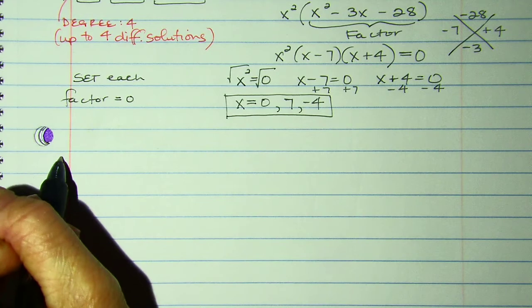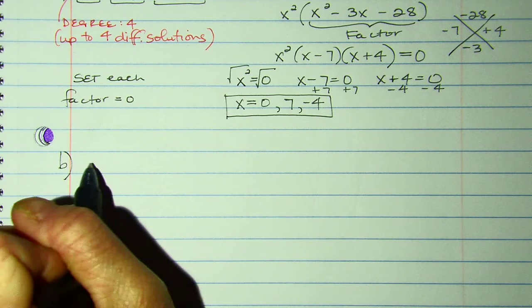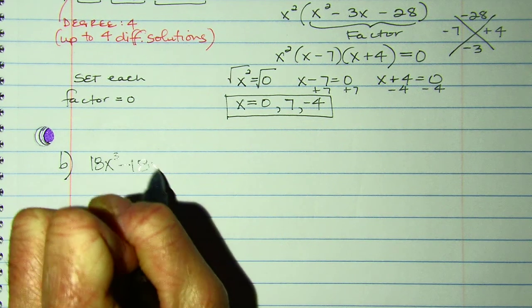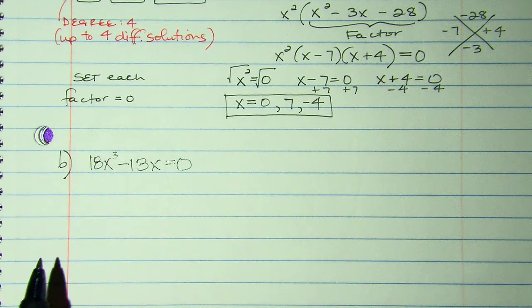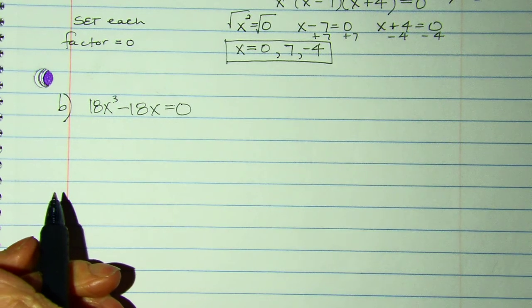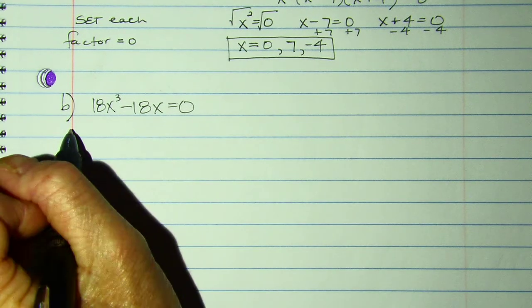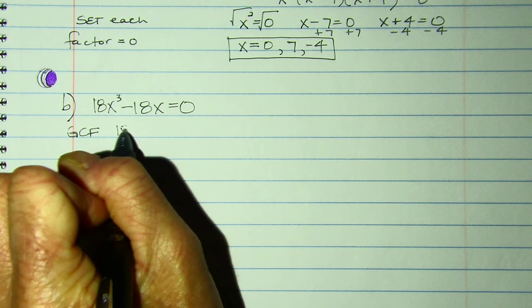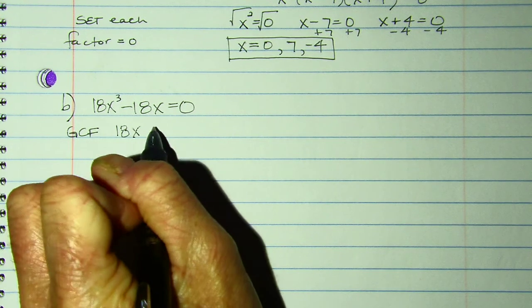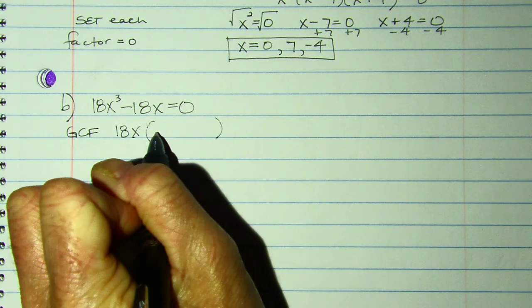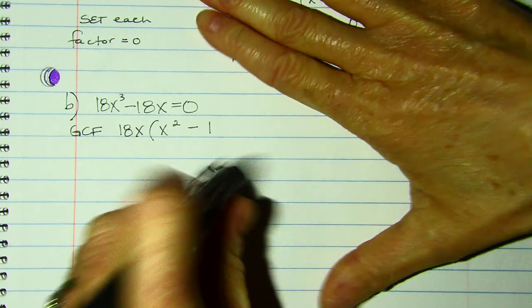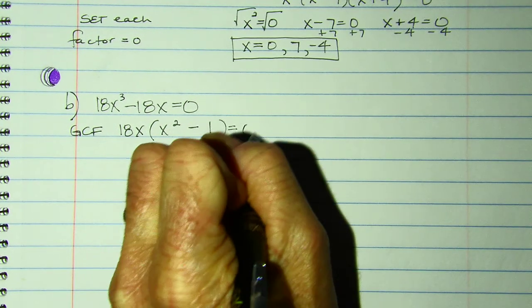For part B, it says to solve 18x cubed minus 18x equals 0. The first thing I'm going to do is identify my GCF. There are 2 terms here, and I notice that both of them have an 18 and both have an x. When I factor that out, I'm left with 18x times x squared minus 1, and this equals 0.